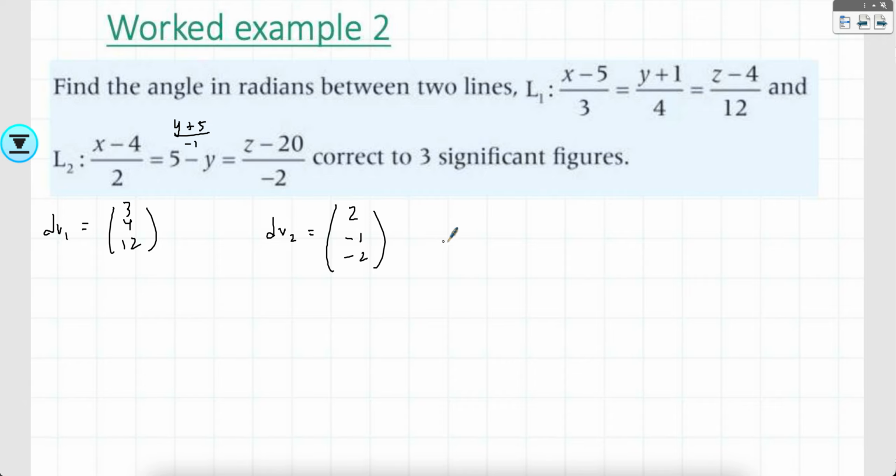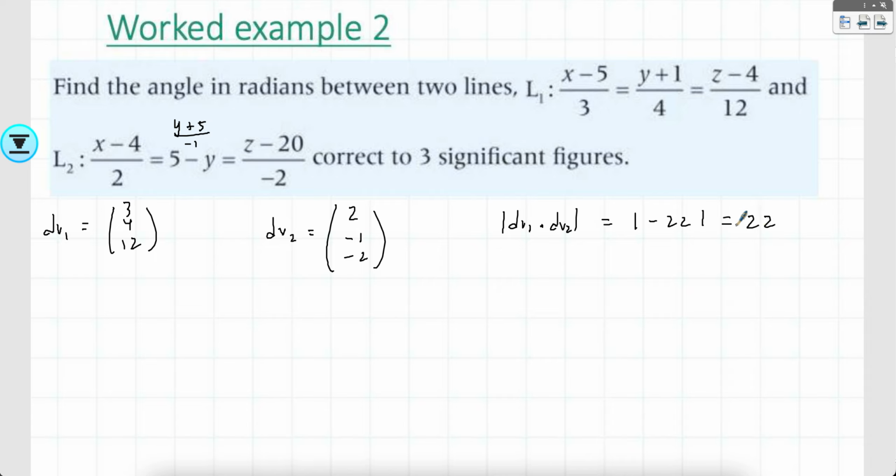Then you have these two, and again, the equation follows the same method. So I can take the scalar product of these two and take the absolute value of them. I'm going to skip writing all the numbers. This will give me a negative 22, so I need to take the positive 22 here.